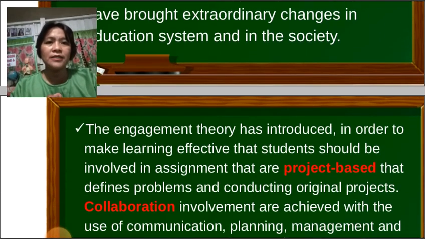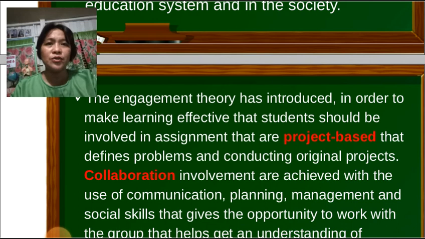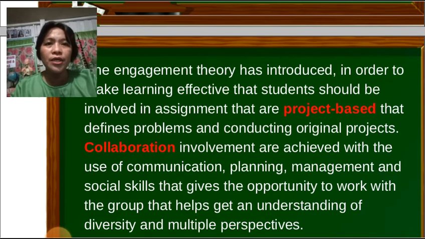Next is the engagement theory has been introduced. In order to make learning effective, students should be involved in assignments that are project-based. So that means the learners will use their own work and they can find their own solution to the problem. And this has also been stated that collaboration and involvement are achieved with the use of communication.